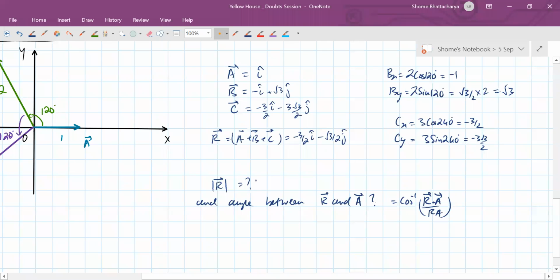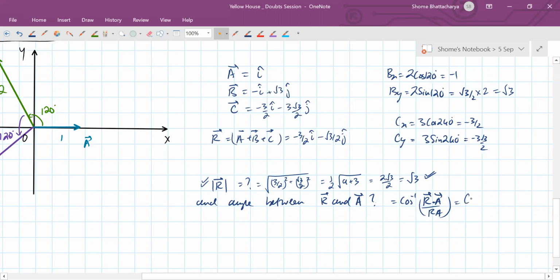So the magnitude of the resultant will become square root of 3 by 2 whole square plus root 3 by 2 whole square. That's root 12, so that becomes root 3. Root 3 is the magnitude of the resultant, same thing we had got.